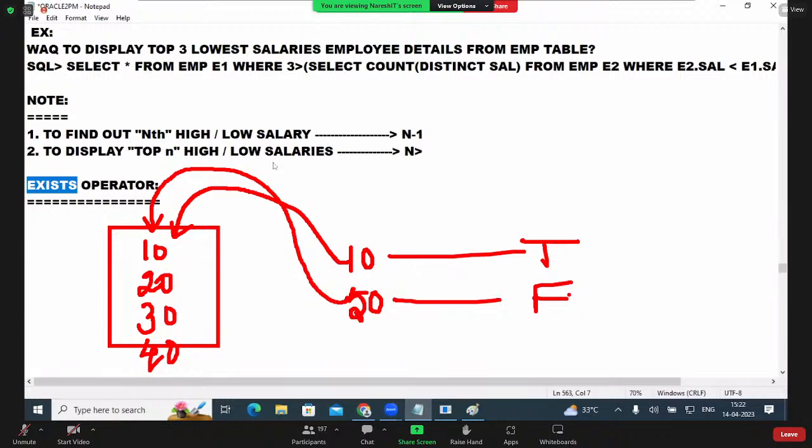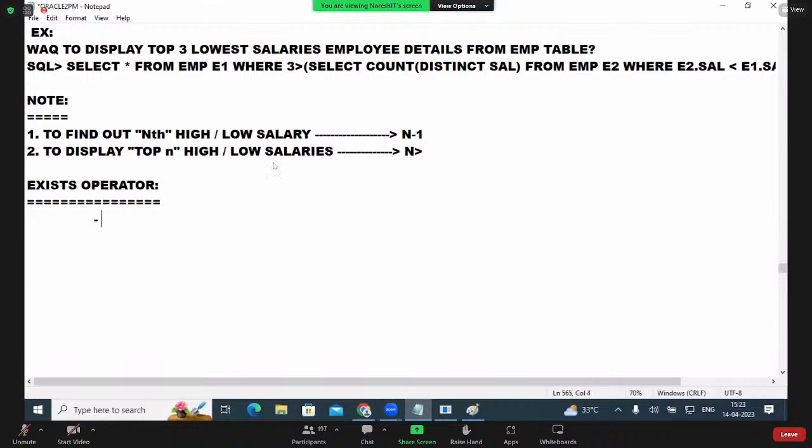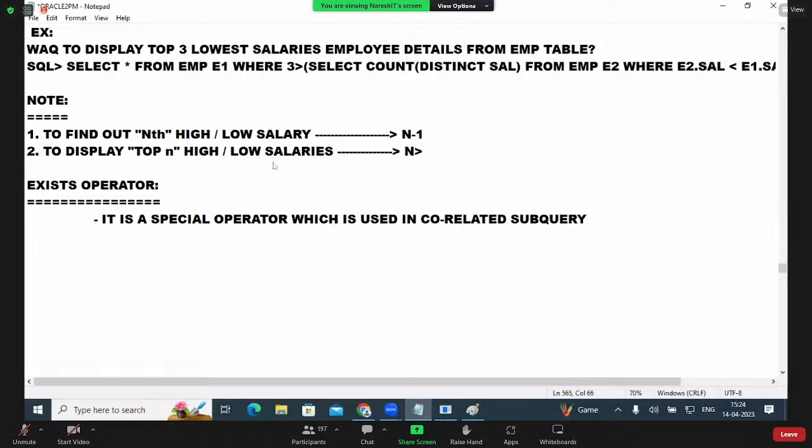Write down below: EXISTS operator. It is a special operator which is used in correlated subqueries only.